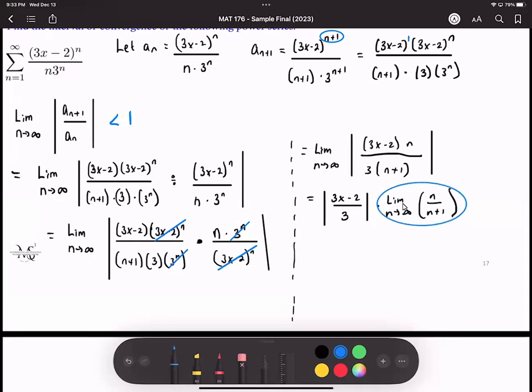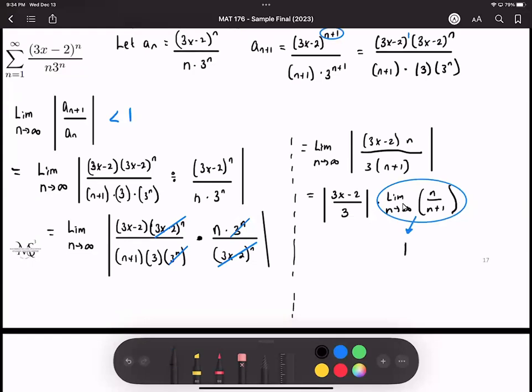What would this limit go to? n over n + 1. Not infinity, careful. It goes to 1, since the degrees of your numerator and denominator are the same. So this is going to be 1 times the absolute value of (3x - 2) divided by 3.